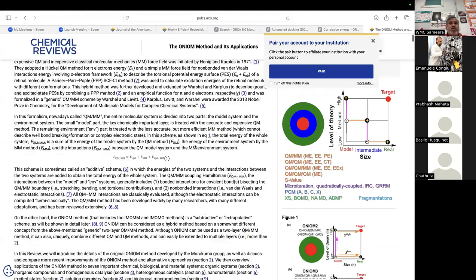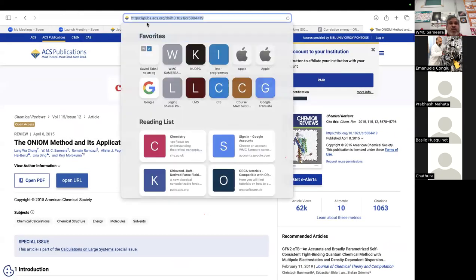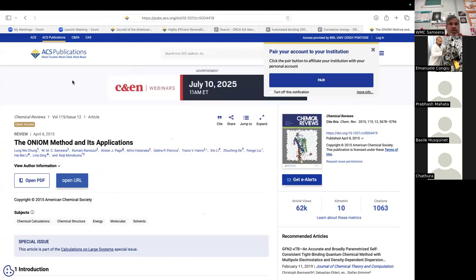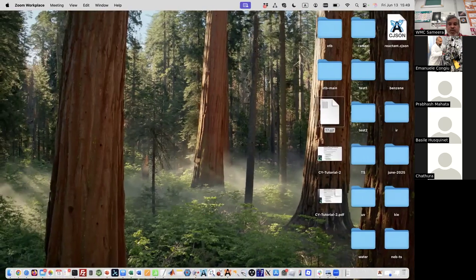You can read this review about the ONIOM method. It is open access, and I also put this in Slack.